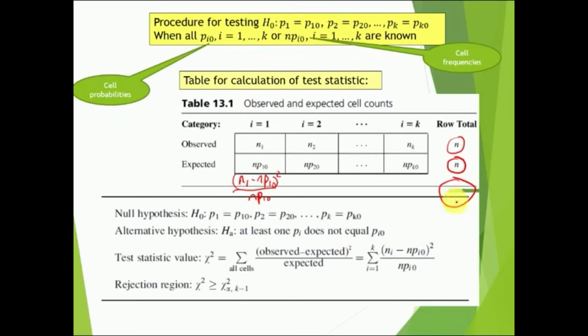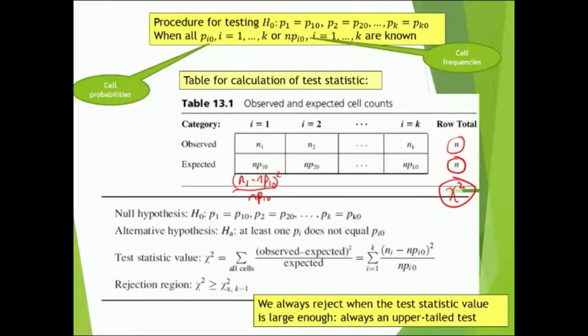I will illustrate better in the next slide. Your rejection region is always a right-sided test, always an upper tail test. So you reject with k minus 1 degrees of freedom for this particular procedure, all cell probabilities fully specified, and alpha. It's just an upper tailed test.